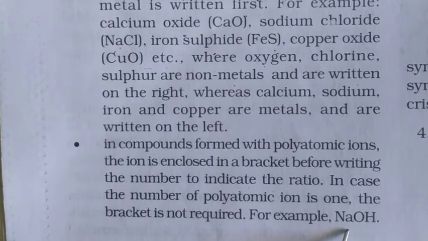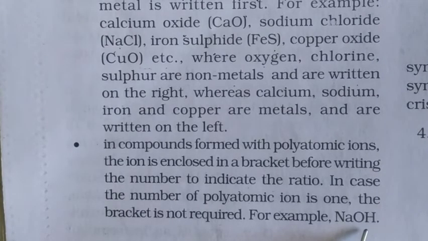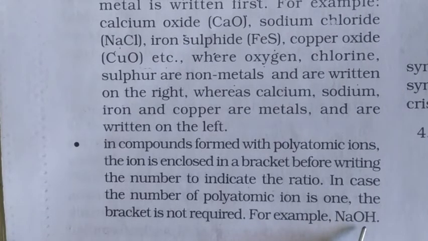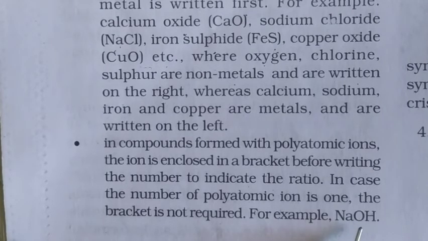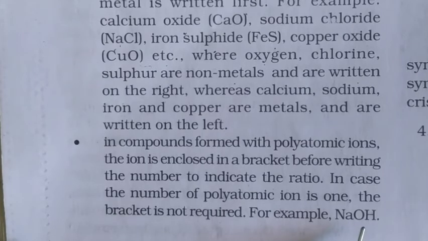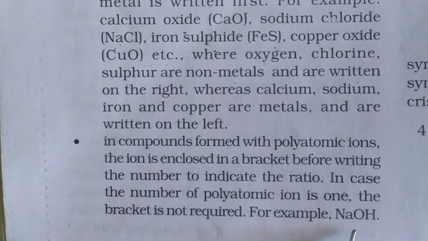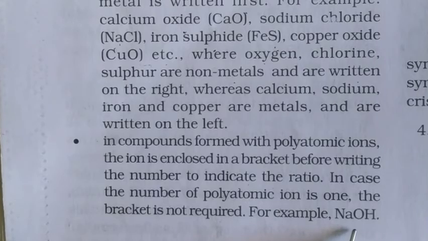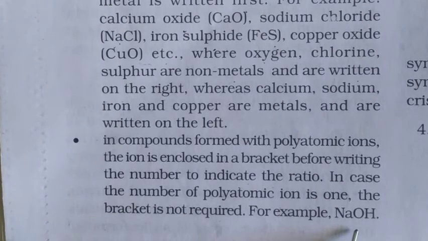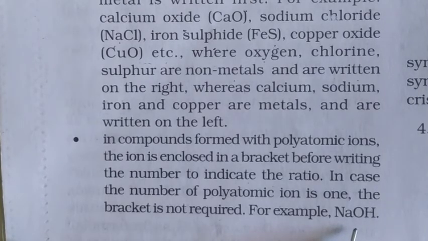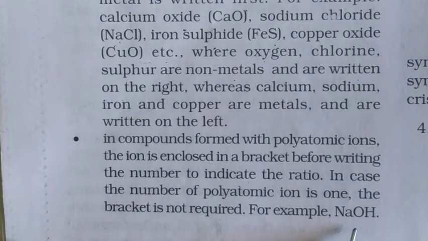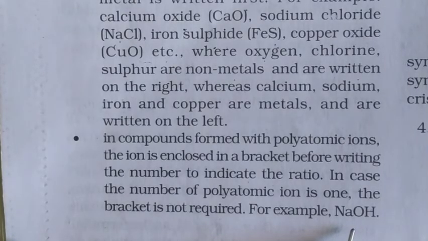Sodium is a single element, but oxygen and hydrogen combine to form the polyatomic ion, and here the combining number is 1, so a bracket is not needed. In such compounds, writing the bracket is not necessary, but we will see in which situation we have to use the bracket.